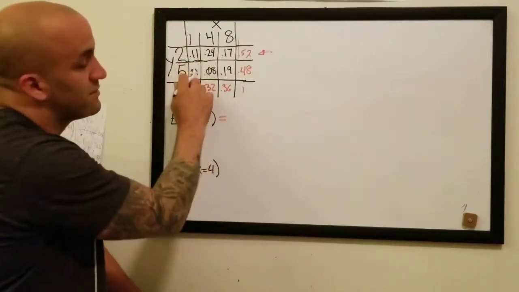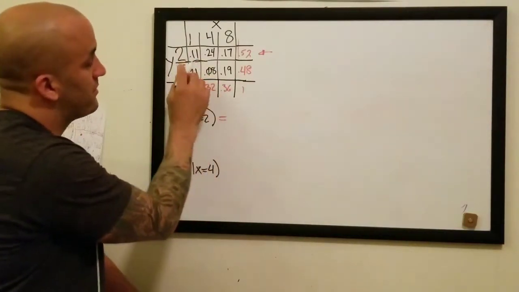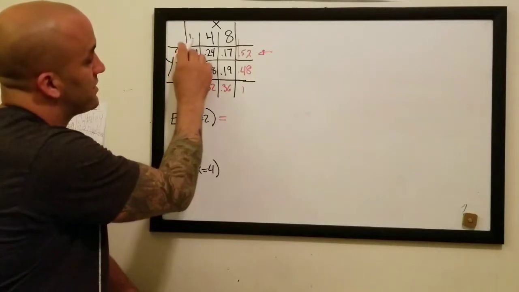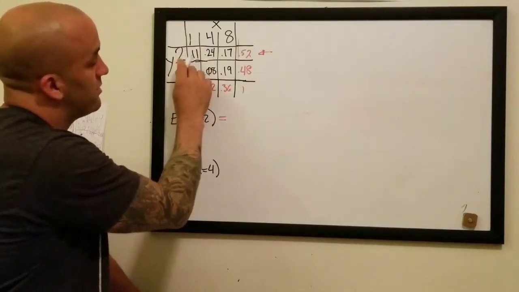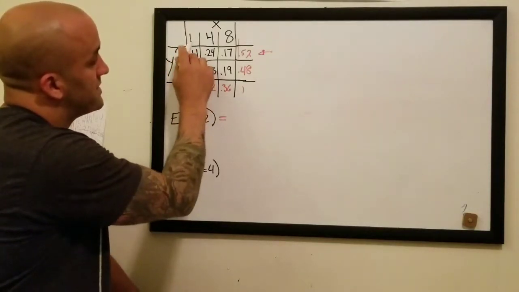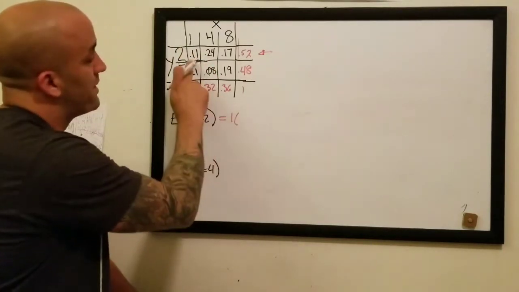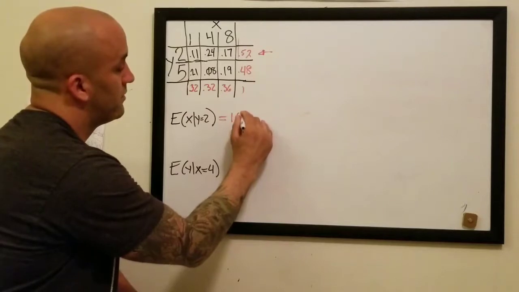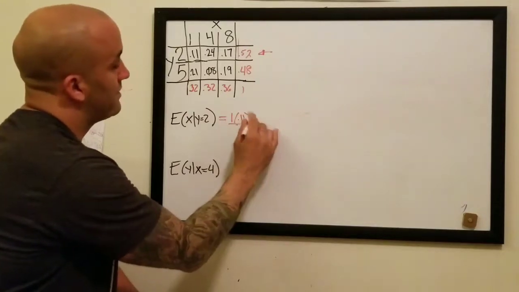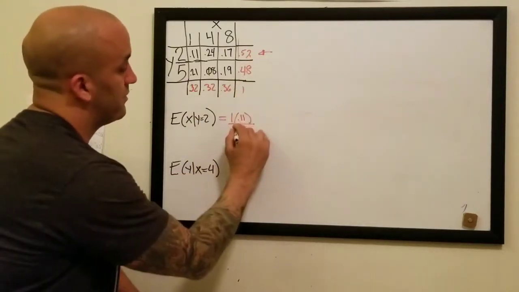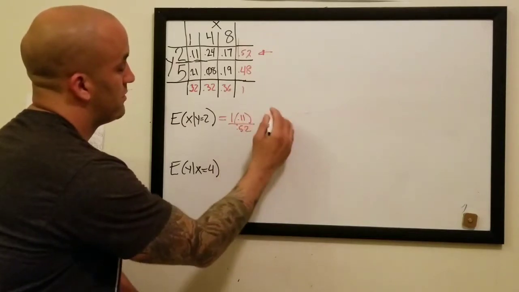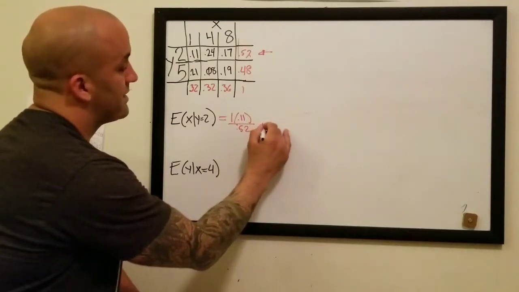First thing we want to do is take our joint probability, so x is 1, y is 2, the joint probability is 0.11. So we take our x value, which is 1, times the joint probability, and divide by the marginal probability. And then we add the next one over.